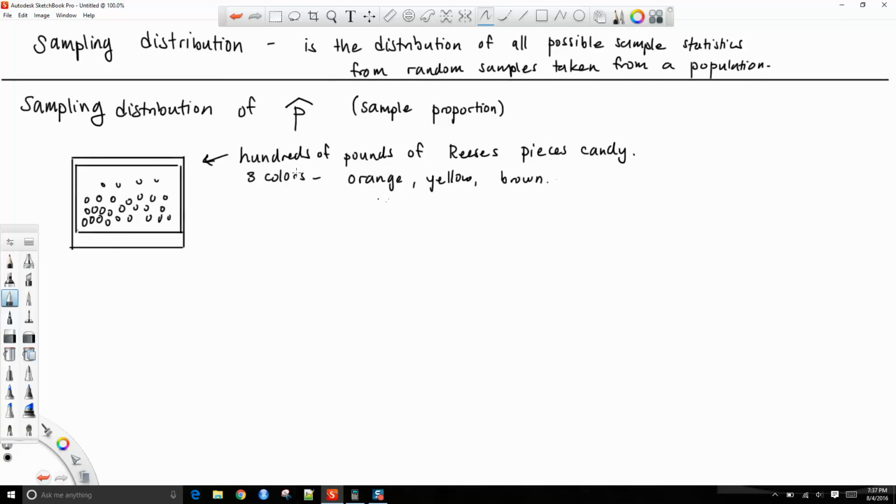Let's say that somehow we've counted all of the pieces, and we know that in the tank exactly 30% of the candy pieces are orange.